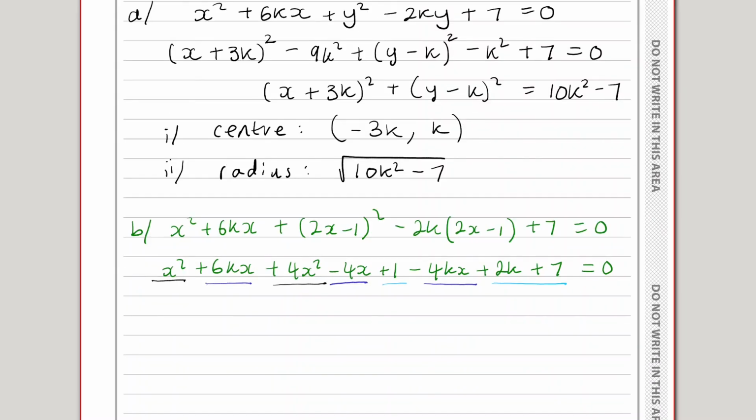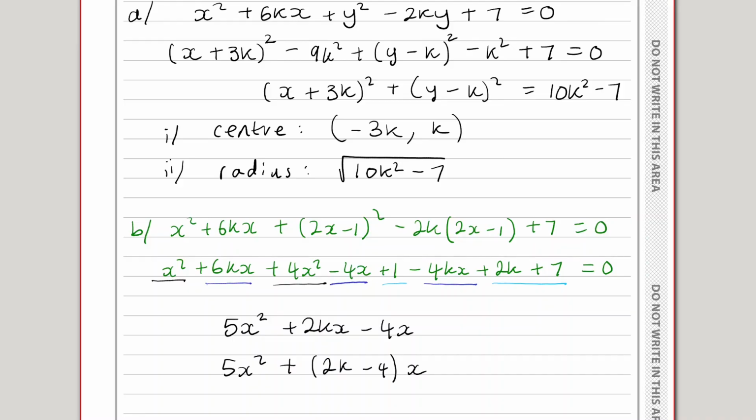We have 5x squareds. We have 2kx minus 4x, which we can write as 2k minus 4, times x.